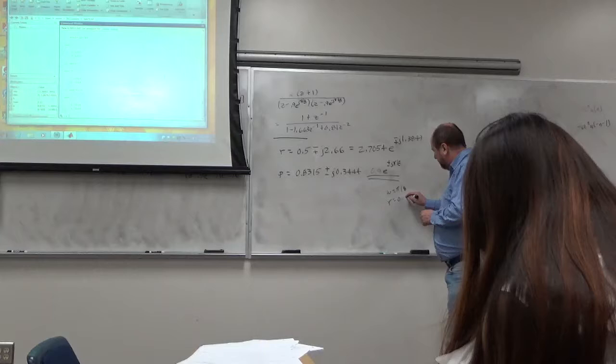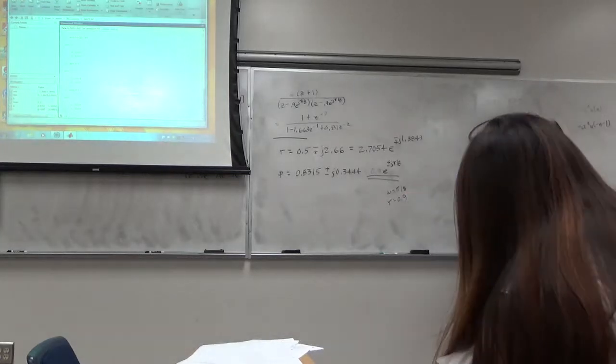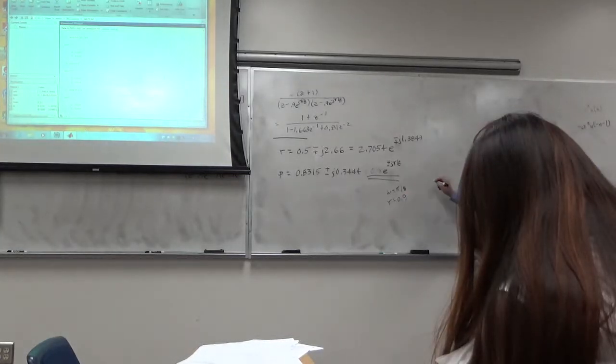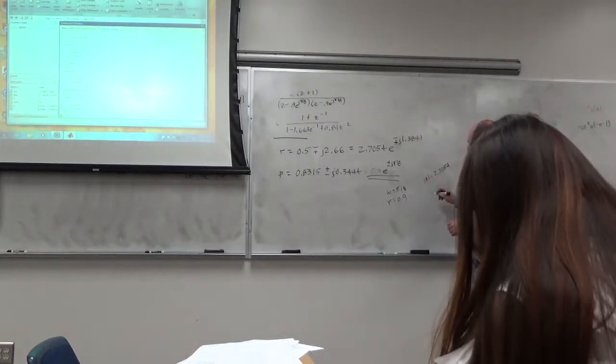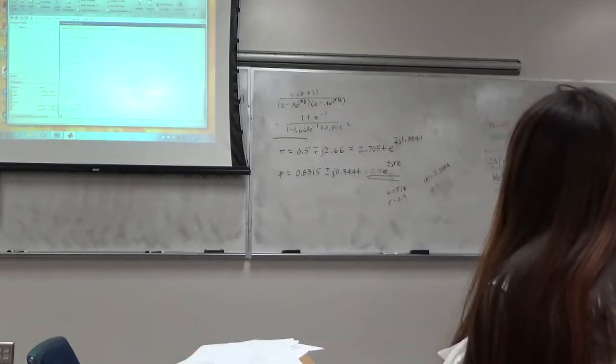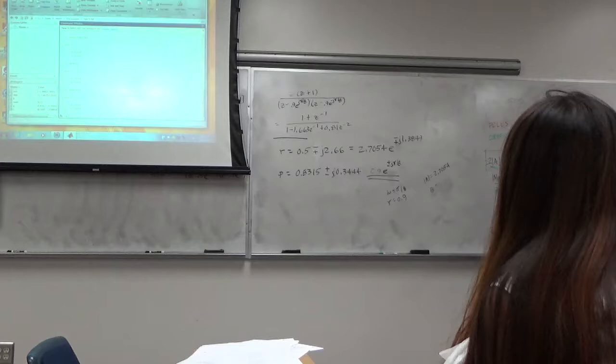Okay, now, to go with that, can you tell me what magnitude of A is? 2.7054. Can you tell me what theta is, and be very careful? 1.3849. Positive or negative? Negative.